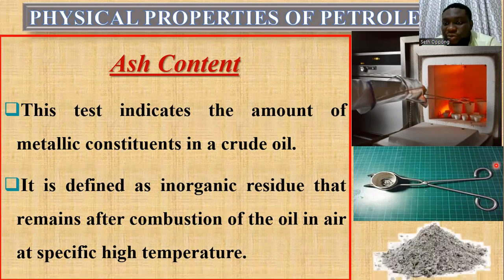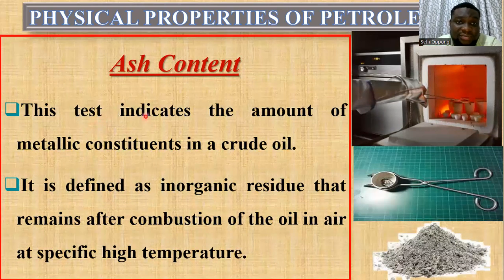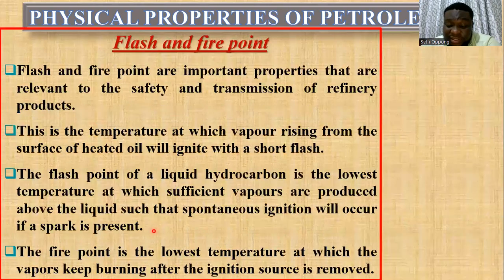This residue is removed and weighed, and that determines the amount of residue or pollutants found in the crude oil. So this test indicates the amount of metallic constituent in the crude oil. It is defined as inorganic residue that remains after combustion of the oil in air at specific high temperatures. So that is the ash content.